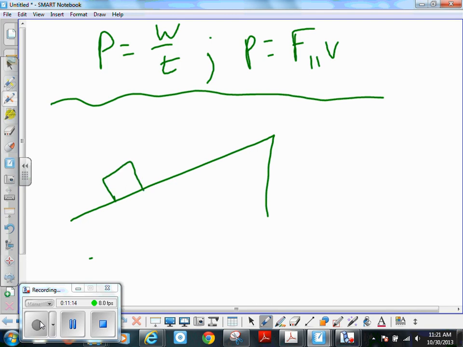Let's say that we have an angle of 30 degrees, and you move it 8 meters up, and it takes about, let's say it takes 2 seconds. Okay, so my question to you then is, how much power was shown in this example?